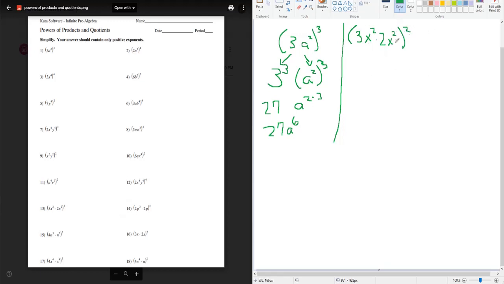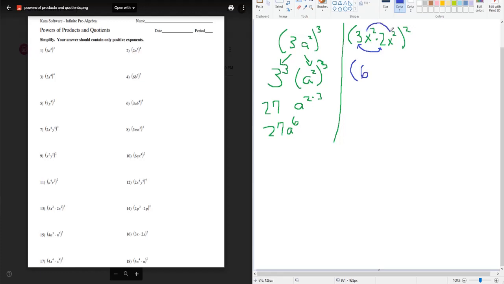These are multiplying, so I'm going to multiply the constants together, and then I'm going to multiply the variables together. Right now, my constants are 3 and 2. So I'm going to multiply them together first, inside the parenthesis. This is all happening inside. So that becomes a 6.